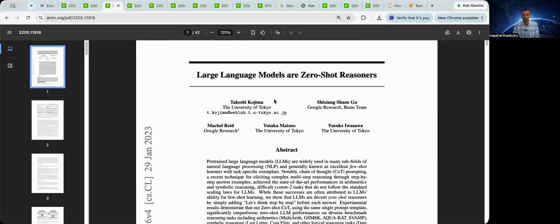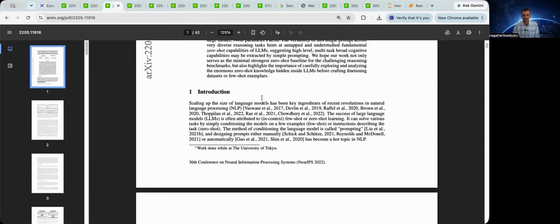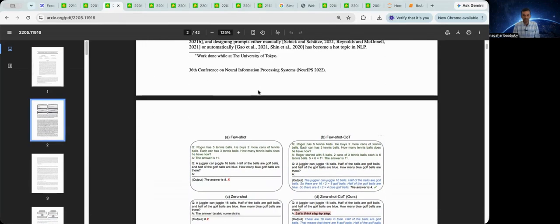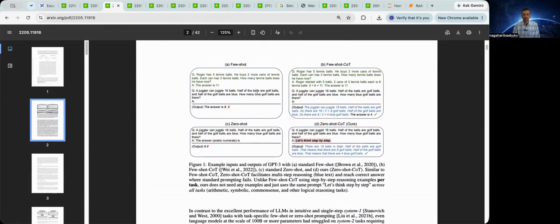One is Large Language Models are Zero-Shot Reasoners. This is a very strategic paper where they explain that the reasoning is embedded in the LLM itself, because while pre-training the large language model, the data has examples, so the reasoning is inherent in the LLM.